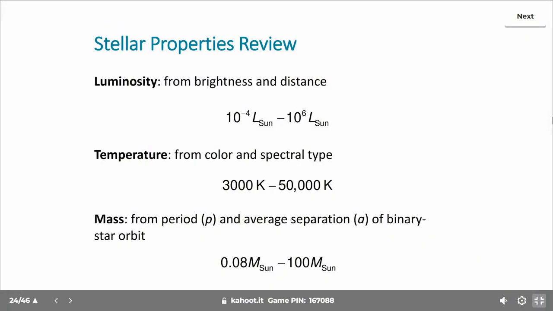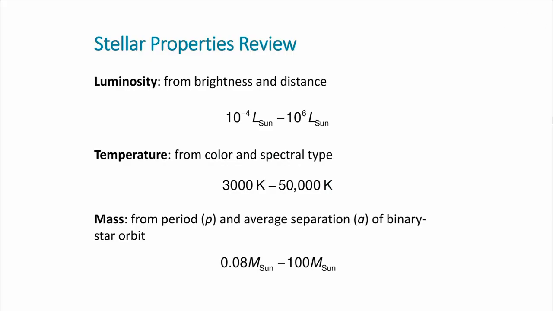So let's review our properties of stars that we saw last class. The luminosity of a star, the lowest luminosity stars are going to go from 10 to the minus 4 times the luminosity of the sun. So take the luminosity of the sun and divide it by 10,000.